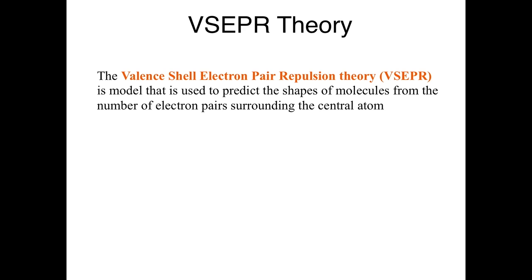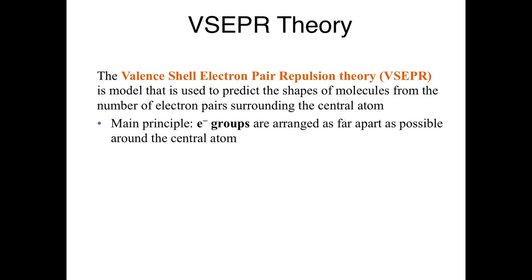Again, this is a model that helps us predict the shape of the molecule based on the number of electron pairs surrounding the central atom. And the basic principle of this idea is that electron groups like to be as far away from each other as possible. Remember that electrons are negatively charged. They are similarly charged to each other, so they want to be as far away from each other as possible.